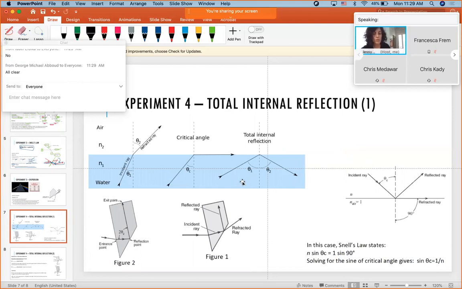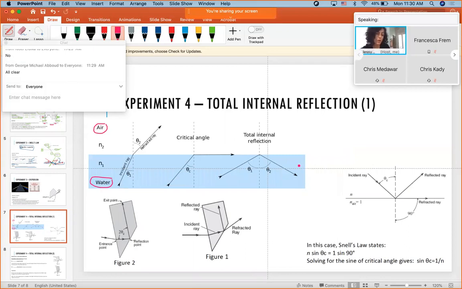Let me start with a general definition of what is a critical angle. I want you to focus on this drawing, all right? Light is passing from water to air, from the medium that is down to the medium that is up. Remember, total internal reflection occurs only when light passes from a more refractive medium like water to a less refractive medium like air.